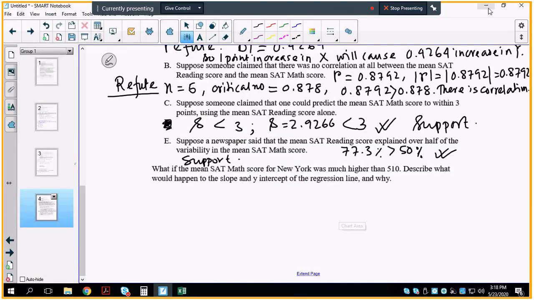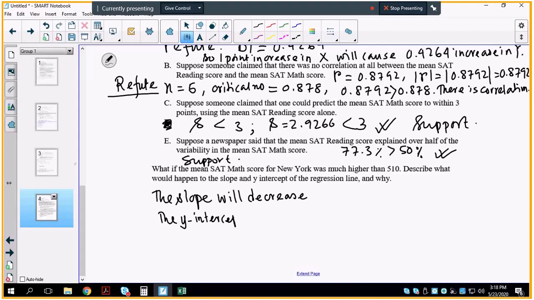So we'll say that the slope, remember from positive it became negative, so the slope will decrease. What else? The y-intercept is going up, so we'll say the y-intercept will increase.